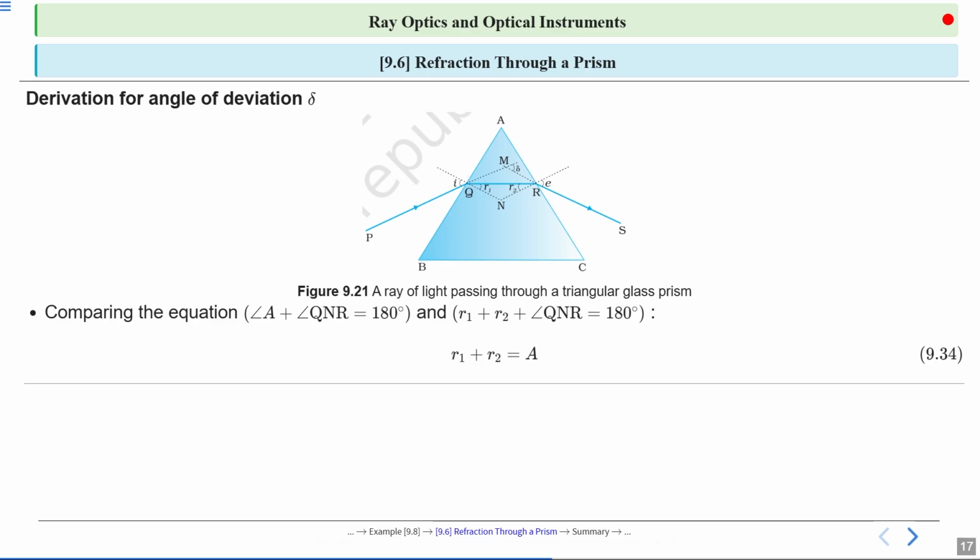So from our comparison, we derive the equation R1 plus R2 equals A, which is equation 9.34. This equation is fundamental in calculating the angle of deviation. Remember, each variable represents an angle within the prism, and understanding their relationship is key to mastering refraction through a prism.